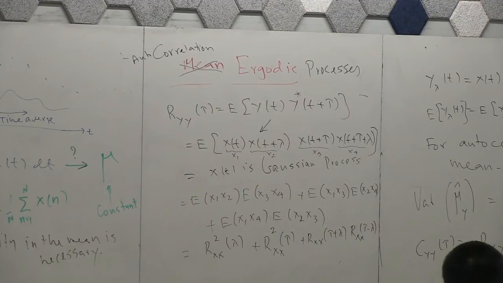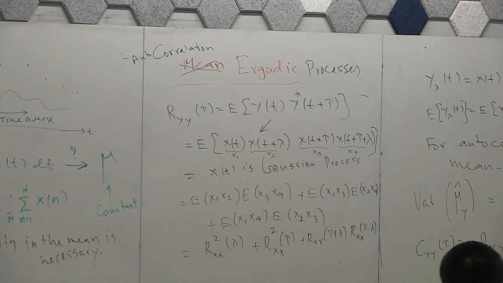Then you can take this expression and plug it in here if you want. Most likely, if the autocorrelation function is absolutely integrable, I believe this is also correlation ergodic.